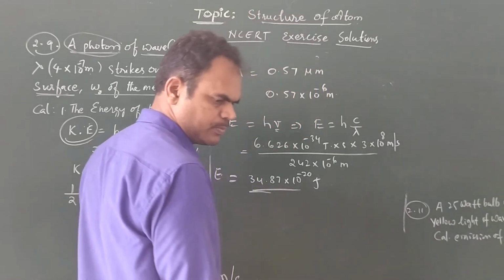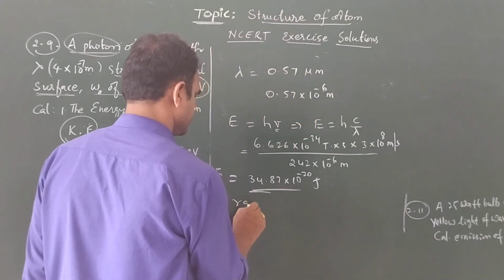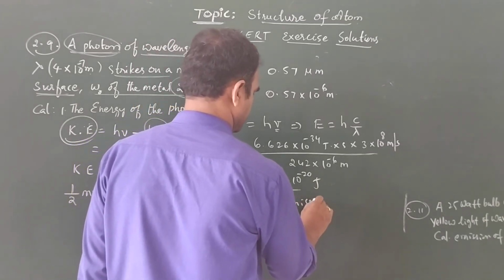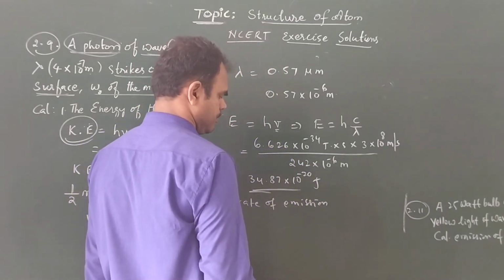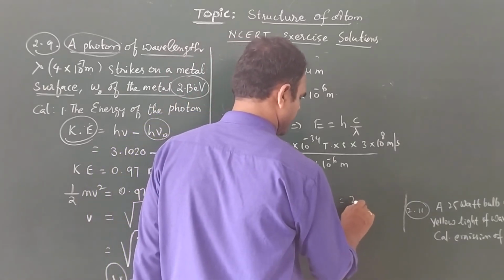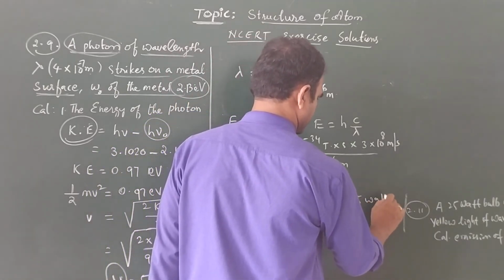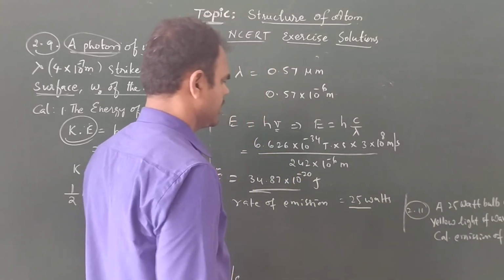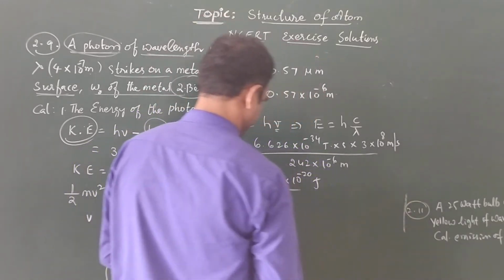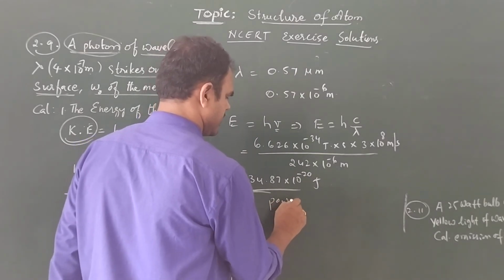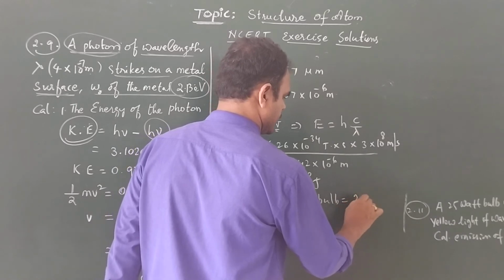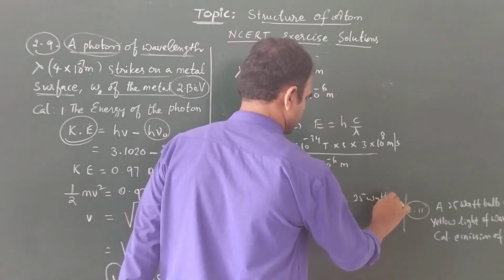In the next step you must use the rate of emission. The power of the bulb is given as 25 watts.